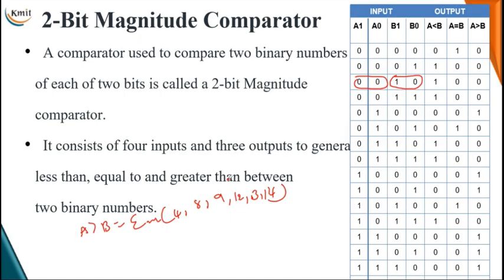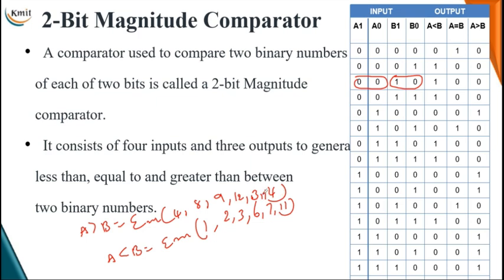In the same manner, for A less than B the functional value is 1 for minterms 1, 2, 3, and along with that we also have 6, 7 and 11.